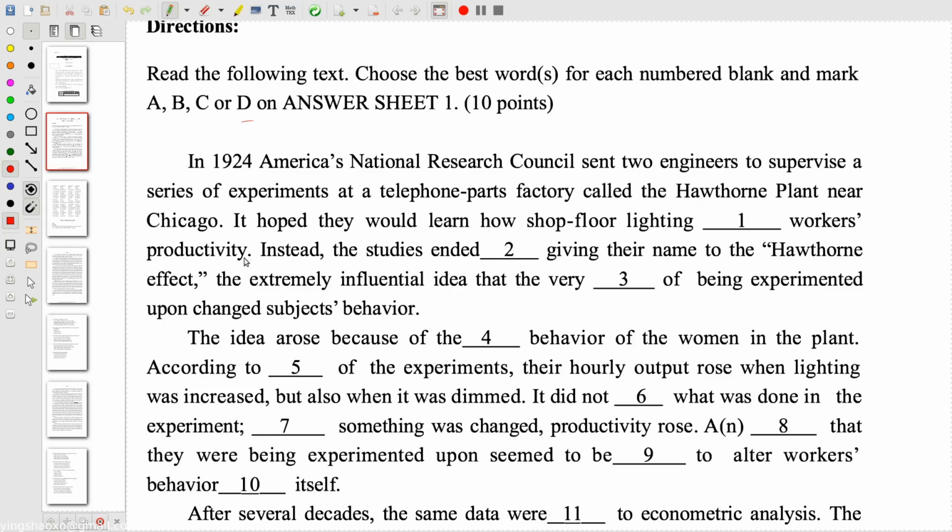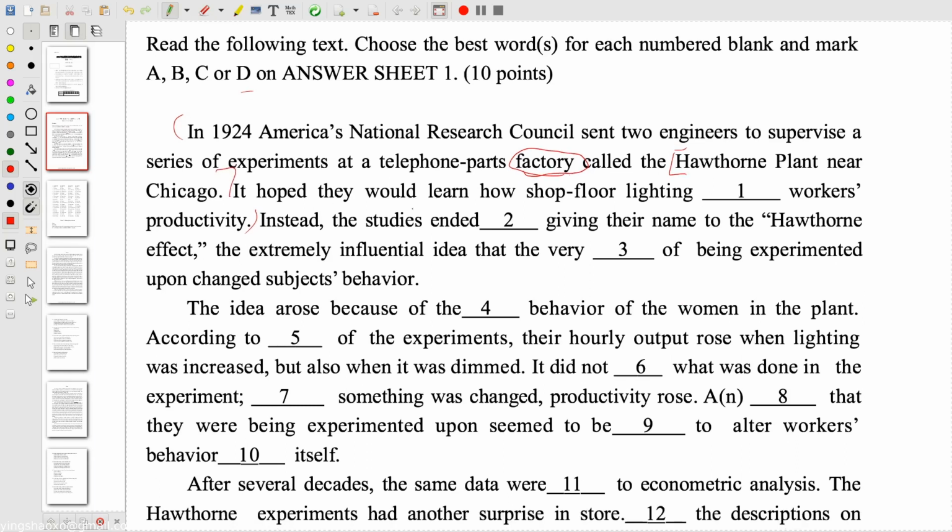Yeah, I must say this sentence is quite hard. All I have known is that some official group has sent two engineers to take a look at some experiments in this factory. This is the name of the factory, called Hawthorne or whatever.